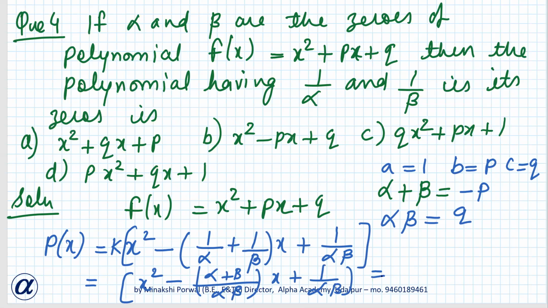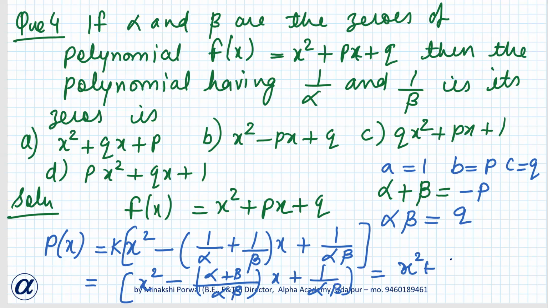Okay. So some students started answering also. Okay, it's correct. Hina Limani got the correct answer. Okay, good. So it is x square, alpha plus beta is minus p.